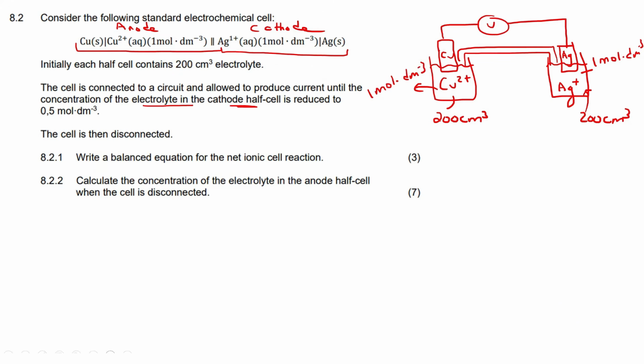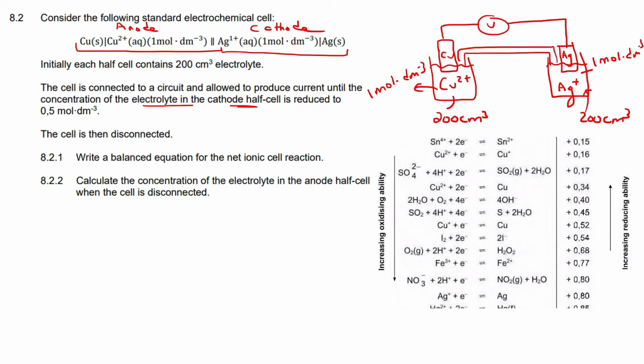Now, if you understand your galvanic cells fairly well, we're going to look at the reactions now, guys. I'll go get the table before I explain this. Okay. And so what we must understand is that they said the Cu2 plus is the anode reaction. So that is this one over here.